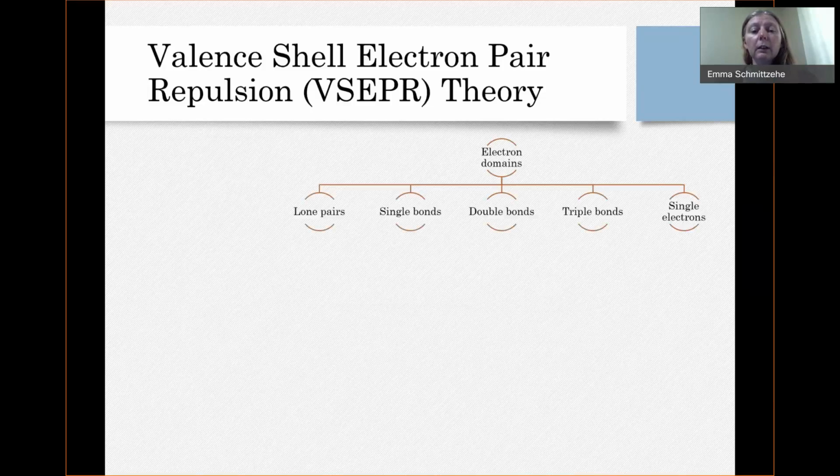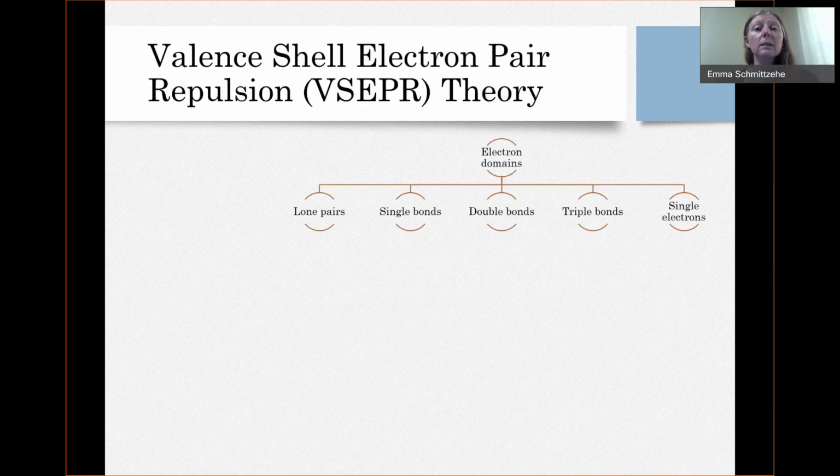Those 5 things are lone pairs, single bonds, double bonds, triple bonds, and even single electrons if you had a radical. All 5 of those things count as an electron domain.